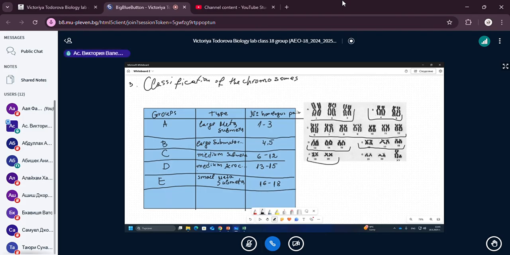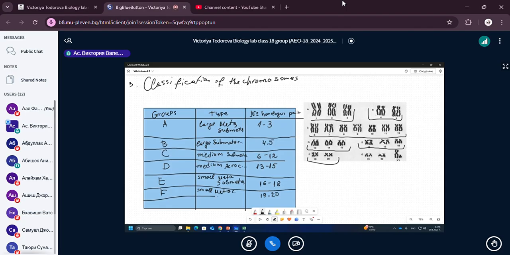Group F. They are small metacentrics. You can see only like on the letter X. Metacentrics with positions 19, 20.